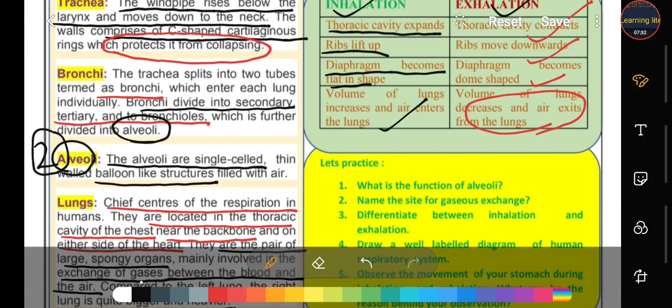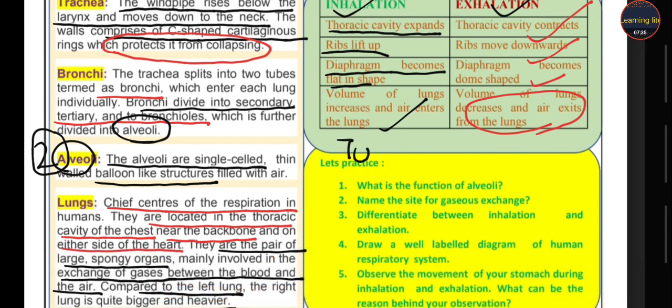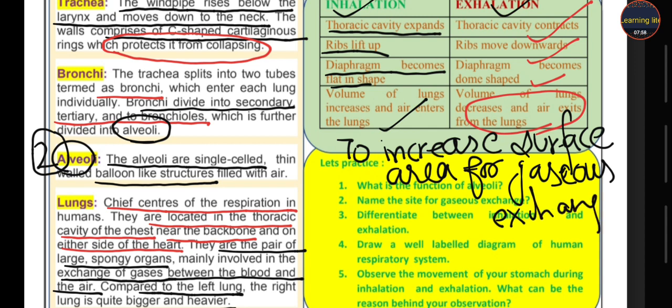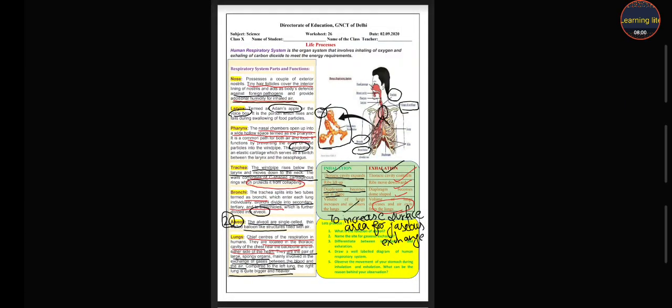And the first is to increase the surface area, for gaseous exchange. This is your first answer.